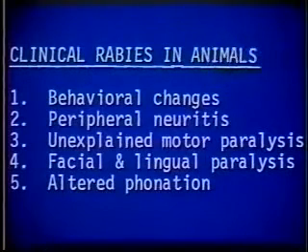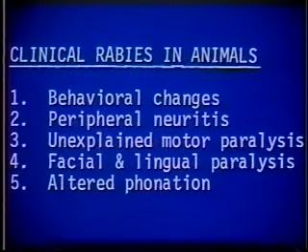The percentage of furious or chronic forms of rabies varies from animal species to animal species, but may occur in almost any animal in which rabies occurs. So clinically then, we look for behavioral changes. This is the most important aspect of rabies insofar as it's being suspected, and that is that animals do things that they normally would not do.